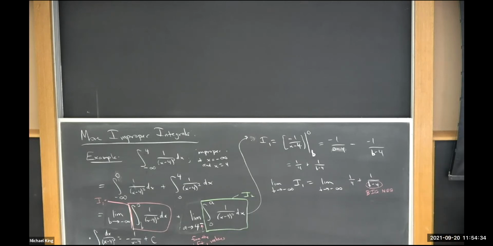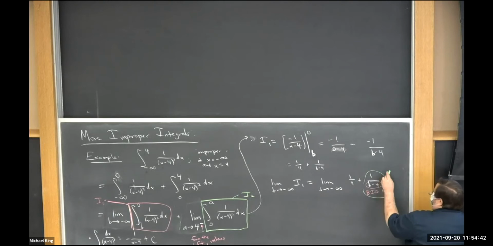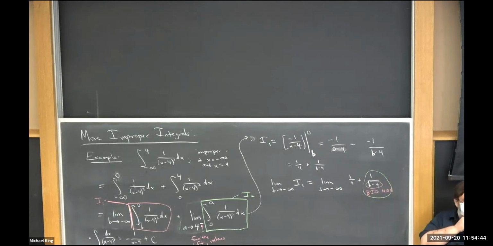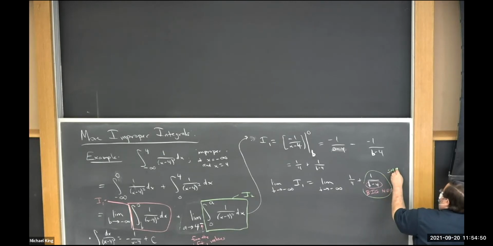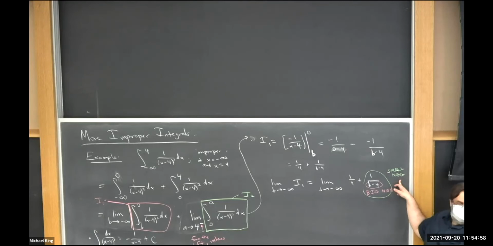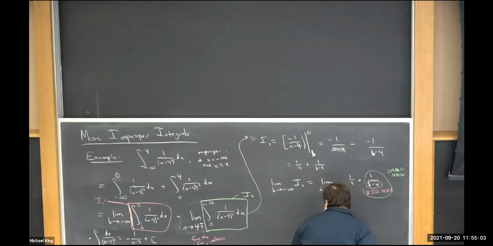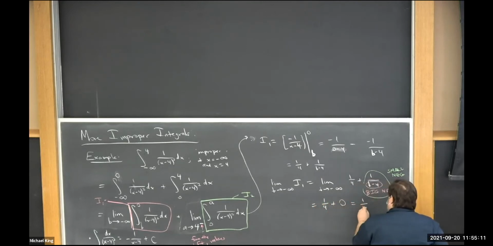So 1 over it is what kind of number? 1 over a big negative is a small negative, right? And so as b goes to negative infinity, that's going to get smaller and smaller and just go away. Sometimes it's nice to track whether it's a positive or negative. So this is literally just 1/4 plus 0, which is 1/4.